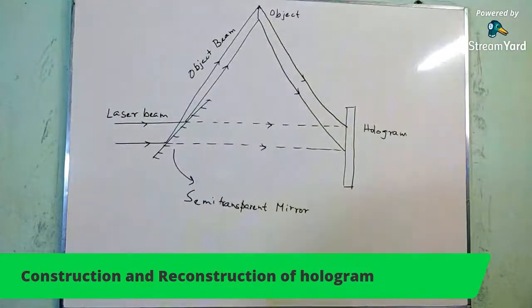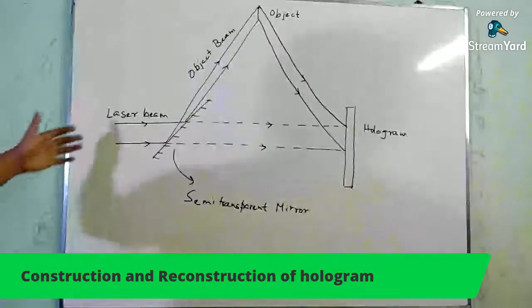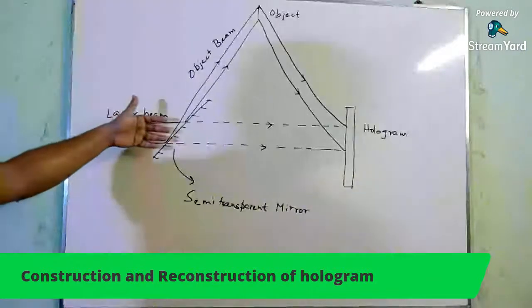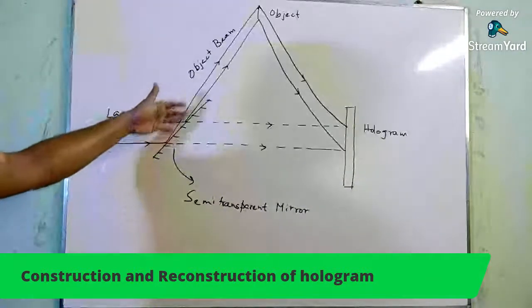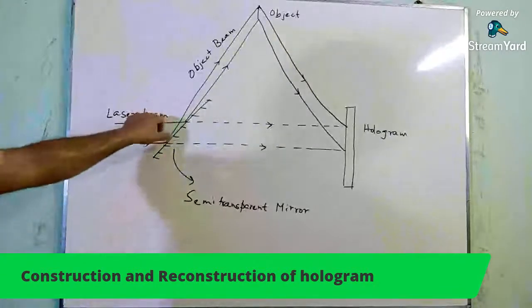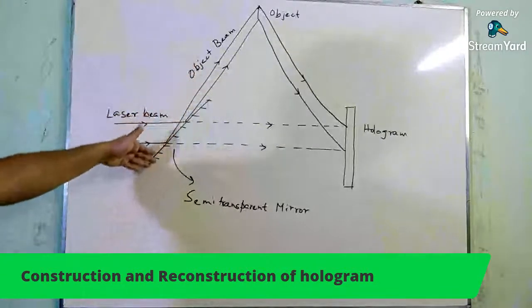Here a beam of coherent light. I will discuss later why coherency is important for recording as well as reconstruction of a hologram. But now, a beam of coherent light from a laser source is split into two by a semi-transparent mirror.